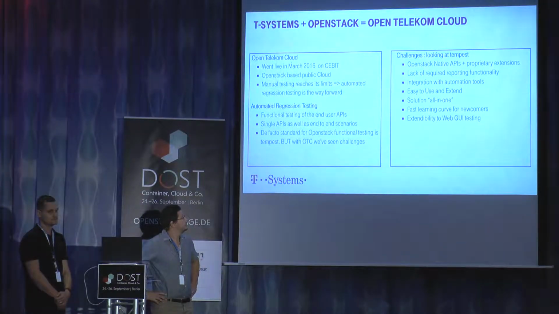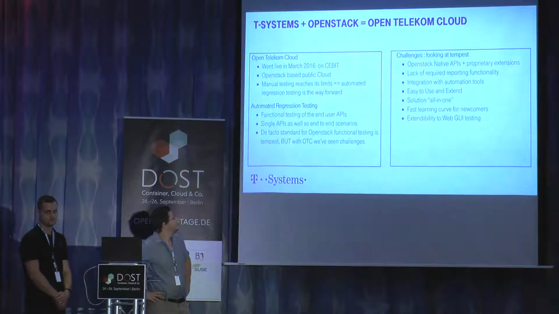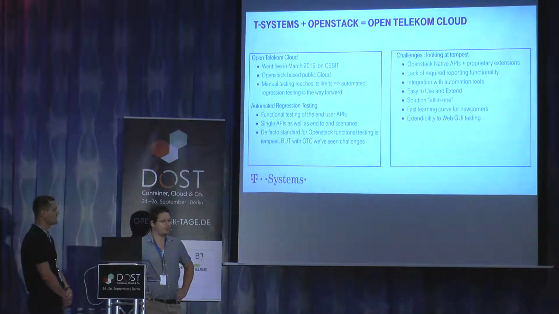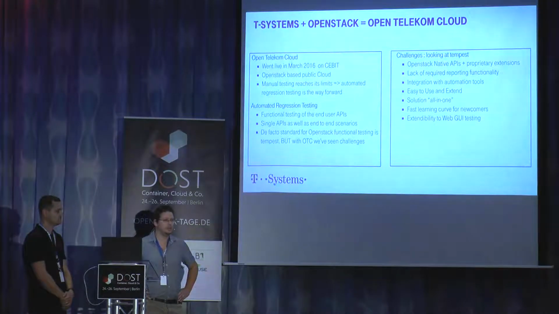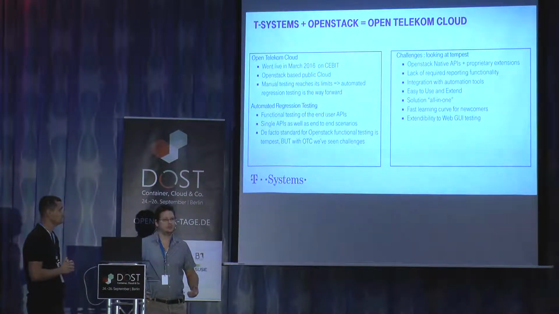That includes basically the OpenStack APIs and also our proprietary OTC extensions. But that's not the only scope. Another scope is that in regression testing we are also doing full scenario test cases. So we try to simulate the complete customer behavior, what he needs, not just creating a server, but doing something with it.